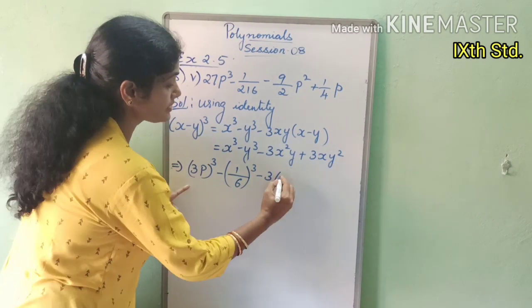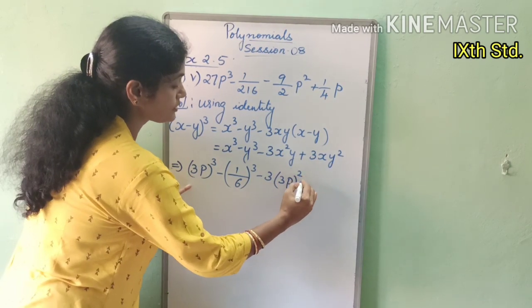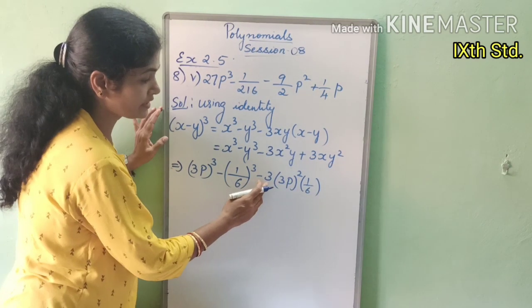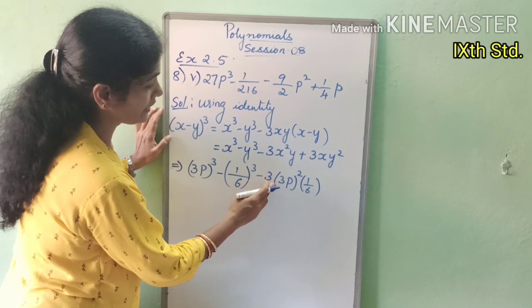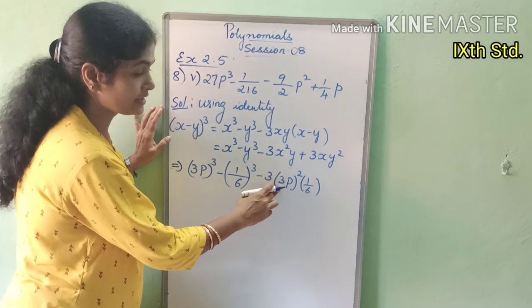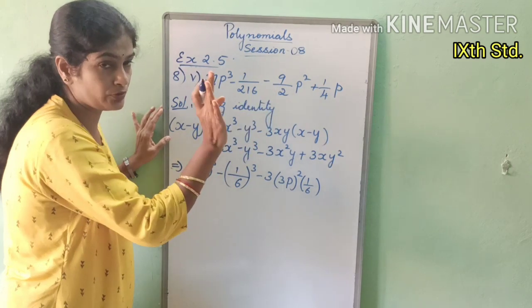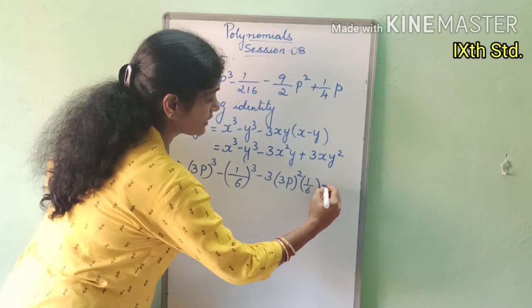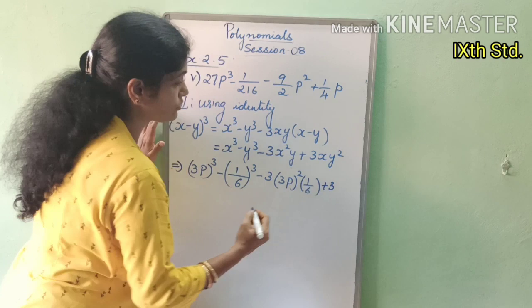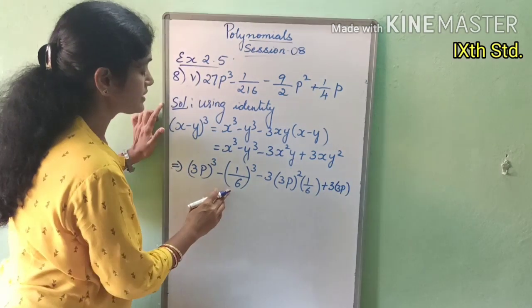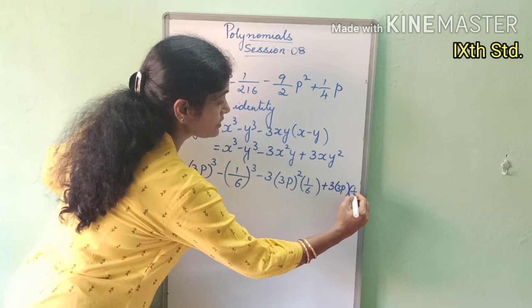Minus, now you see, 3 x square. x is 3p, whole square, into y. y is 1 by 6. Now if you just simplify this, 3 into 9, this is 9. 9 into 27 by 6 gives you 9 by 2p square. So it's right there. Plus 3 into x, x is 3p, y square is (1 by 6) whole square.